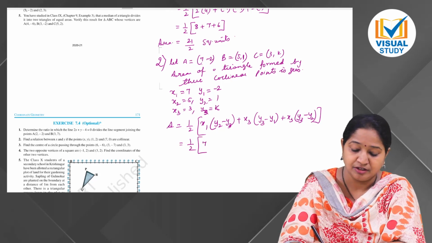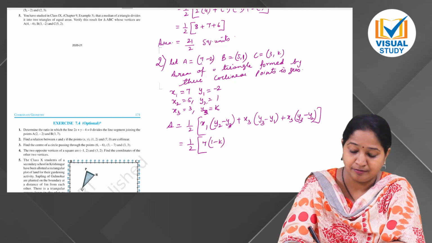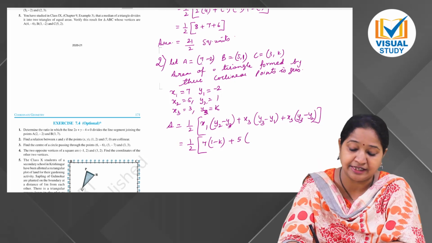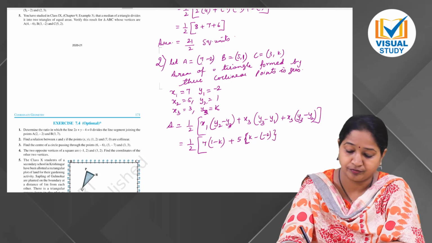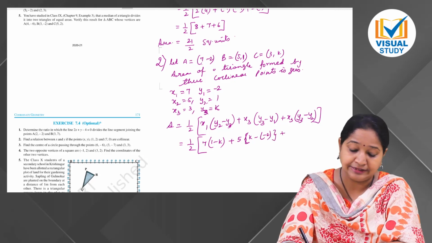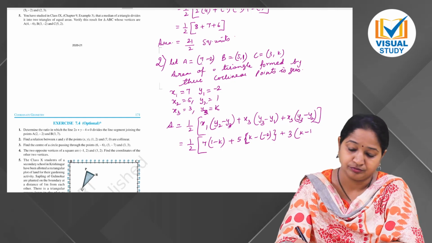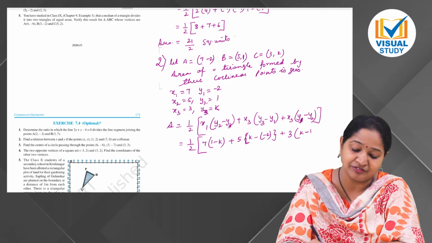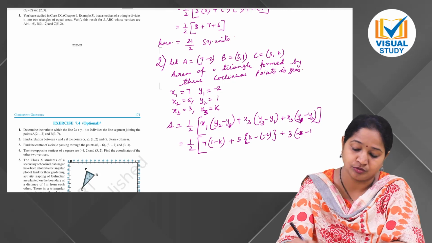That is 7. y2 minus y3, that is 1 minus k, plus 5 into k minus of minus 2, plus x3, that is 3, y3 is k minus, it is 1 here, y1 is minus 2. Okay.